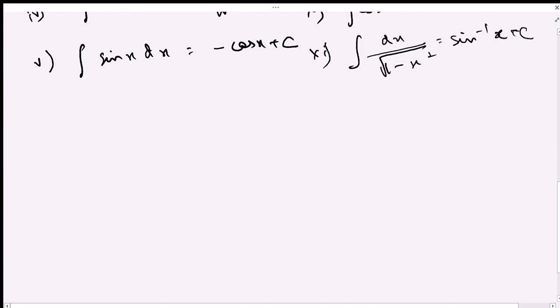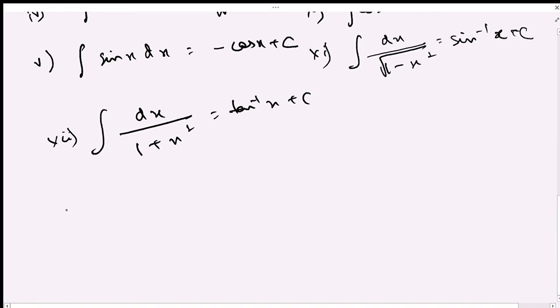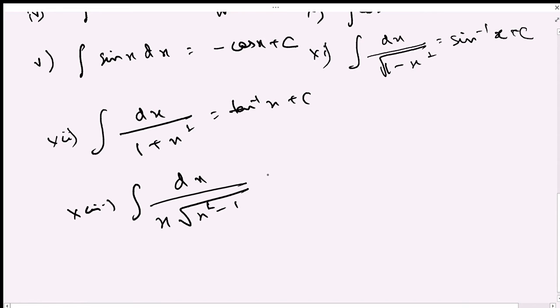Then, number 12, we have integral of dx over 1 plus x square, which is given as tan inverse x plus c. And we have integral of dx over x times root of x square minus 1, which is given as sec inverse x plus c. Okay, so these are some standard formulas.